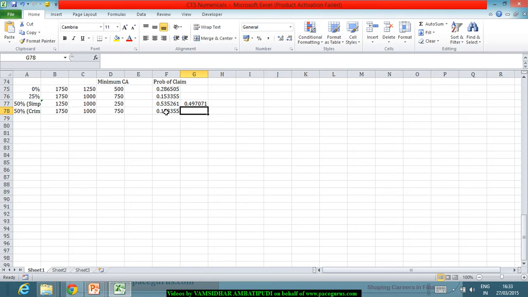So there is a 49% chance that at 50% level a claim would be made, a 15% chance that a claim would be made at 25% level, and a 28.65% chance that a claim would be reported at a 0% discount level.